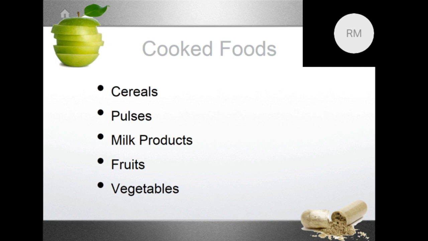If you make a parallel, cereals are equivalent to what we call today carbohydrates. Pulses are what we look at today as natural sources of proteins. Then we have milk products, which are a combination of proteins and fats. And then we have fruits and vegetables, which provide us with nutritional supplements like vitamins.